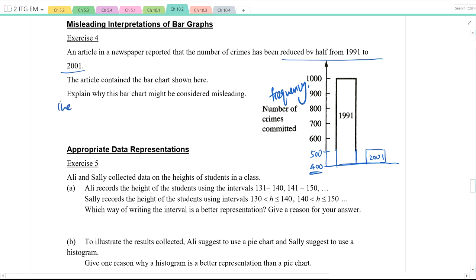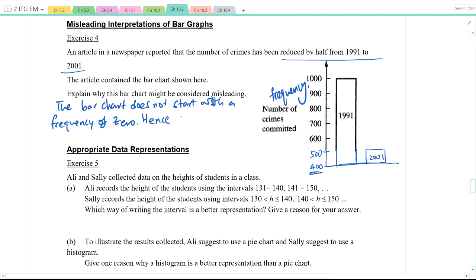We say the bar graph or the bar chart does not start with a frequency of 0.